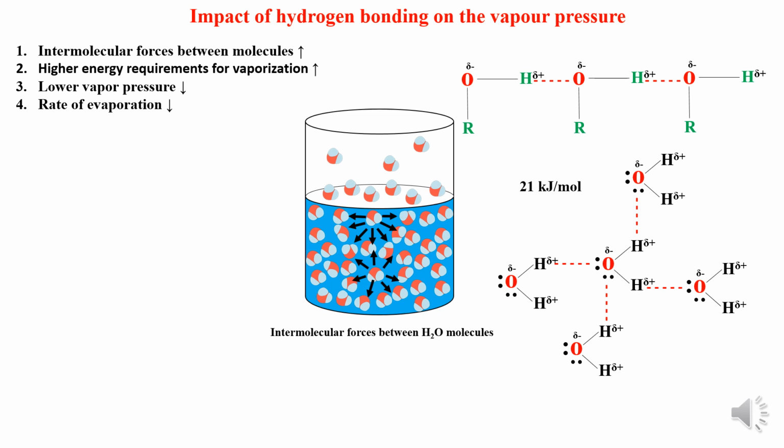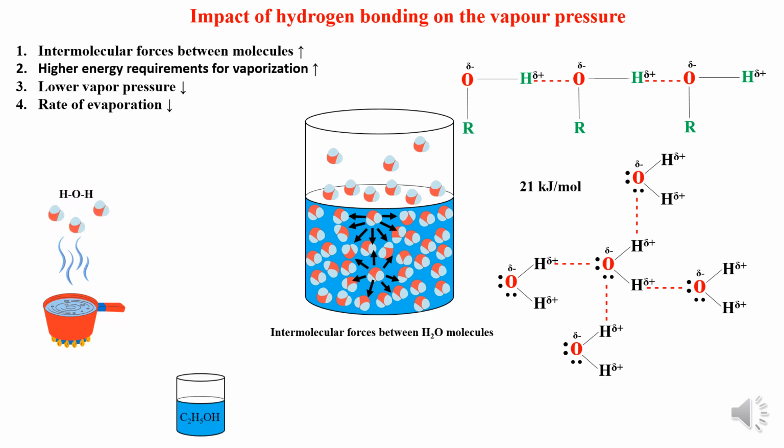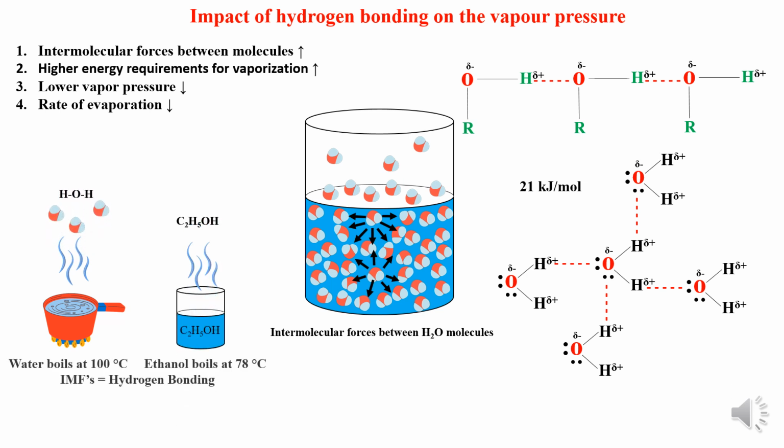alcohol molecules. So though the bond energy is the same in case of water and alcohol, they differ in the boiling point. Water boils at 100 degrees Celsius while ethanol boils at 78 degrees. But the intermolecular force is one and the same, that is hydrogen bonding.